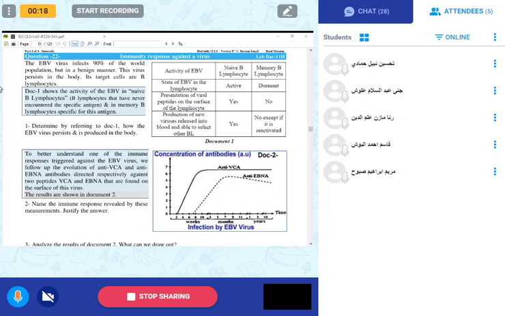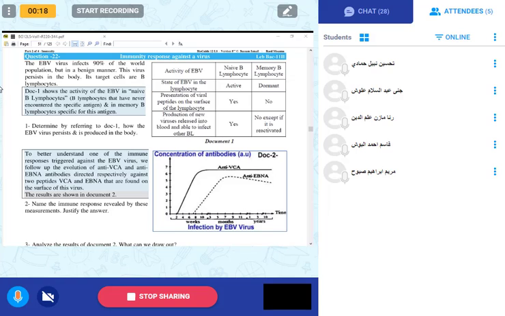This virus persists in the body. Its target cells are B lymphocytes. فإذا this virus attacks who? It attacks the B lymphocytes. Okay? فإذا a very dangerous virus.